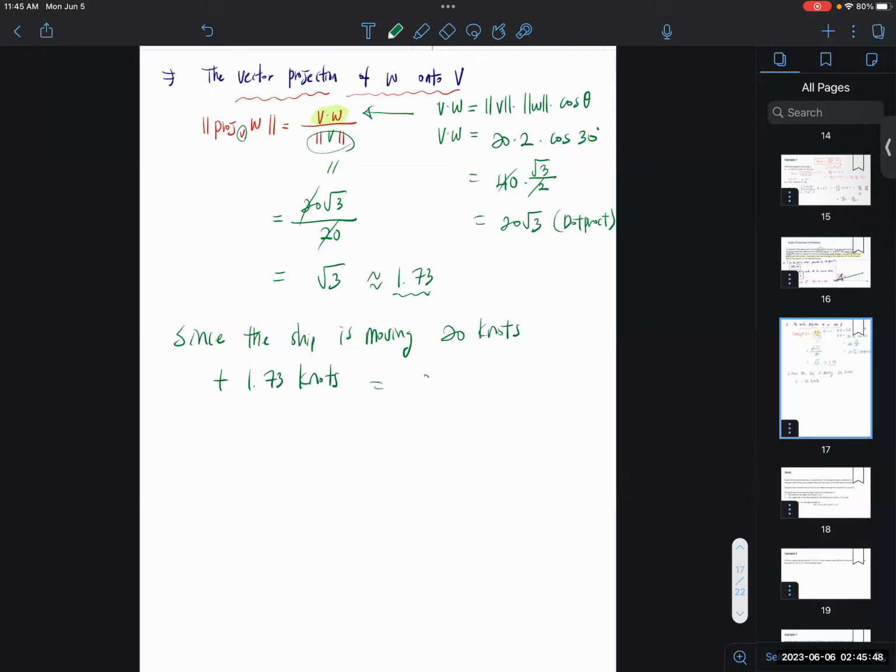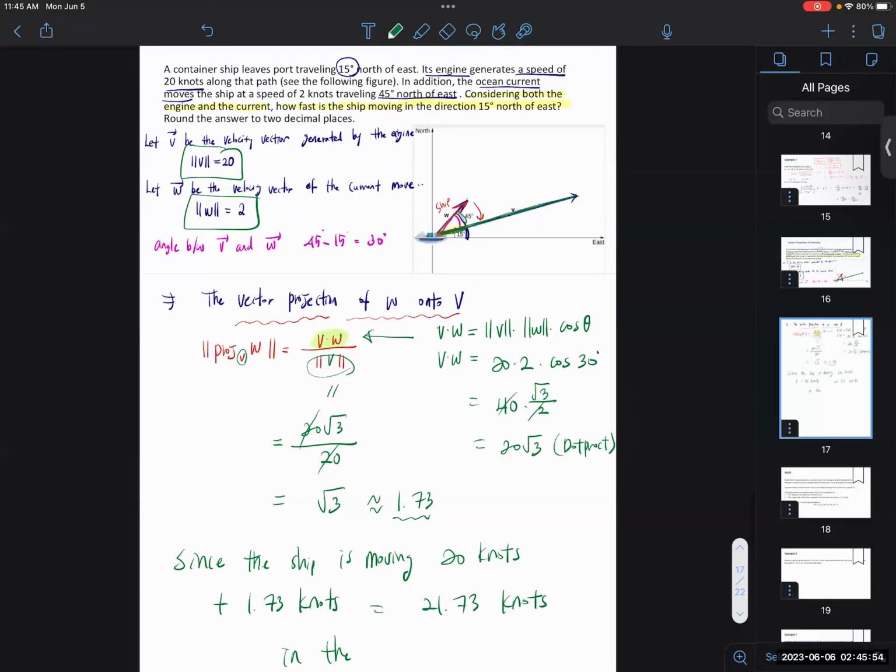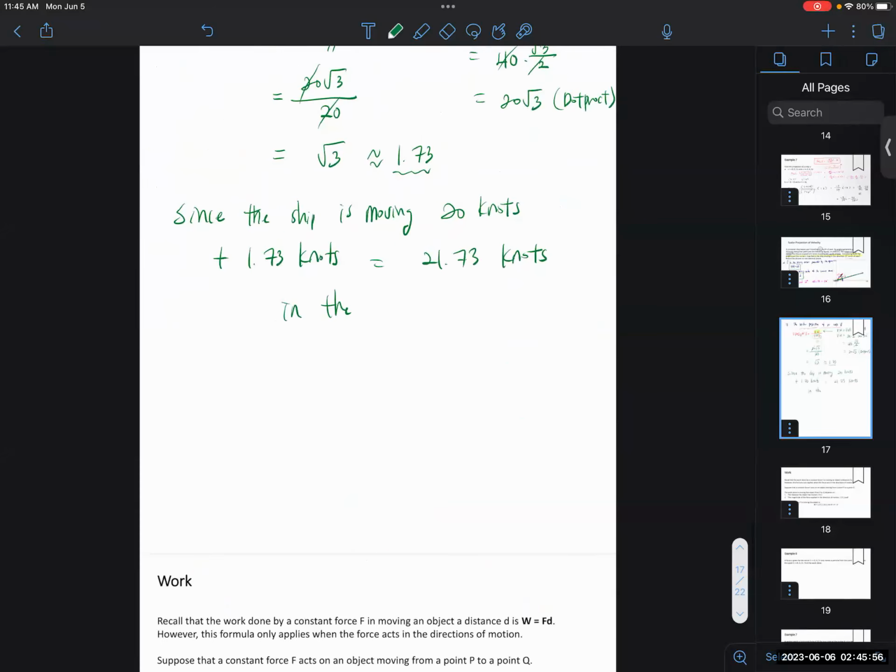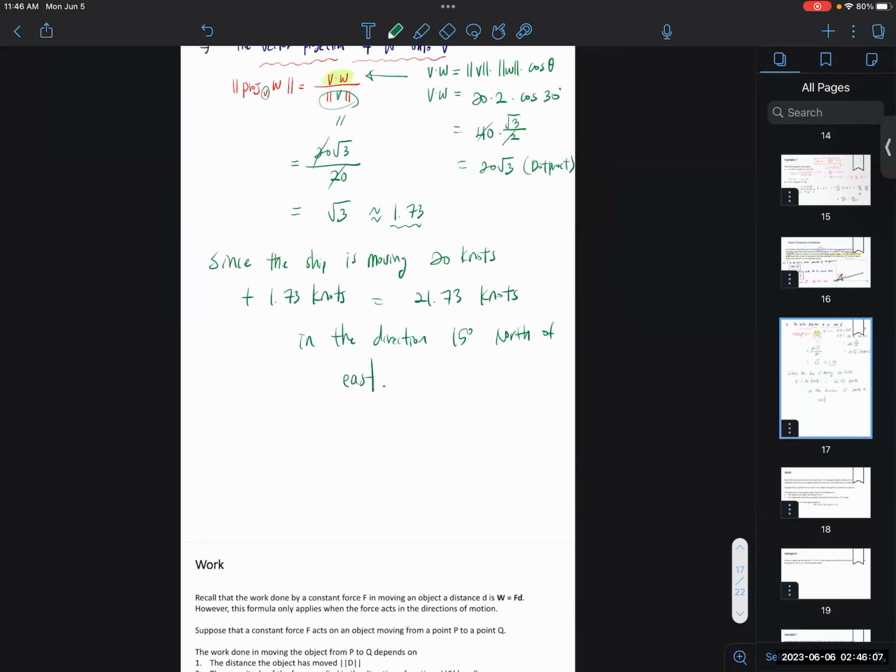So their total is 21.73 knots, and they're moving in the direction of 15 degrees north of east. So that's the final answer.